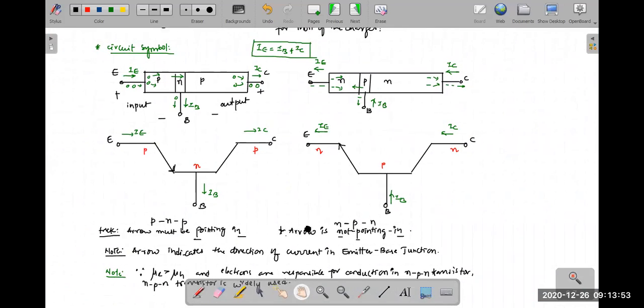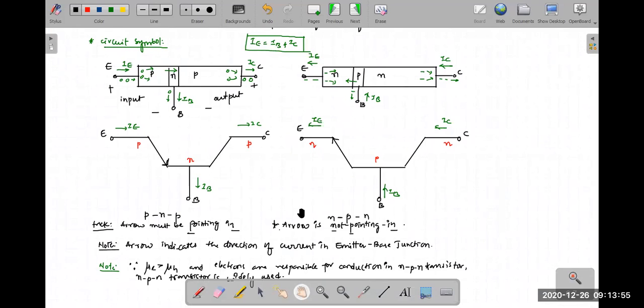So we'll conclude today's class over here. In the next class, that's on Monday, we'll be talking about the biasing. In that, we'll see exactly what's happening inside it, just like what we have seen in case of the diode, in the junction region, how it is happening and why we have connected in reverse way. Why has the device been framed that way?